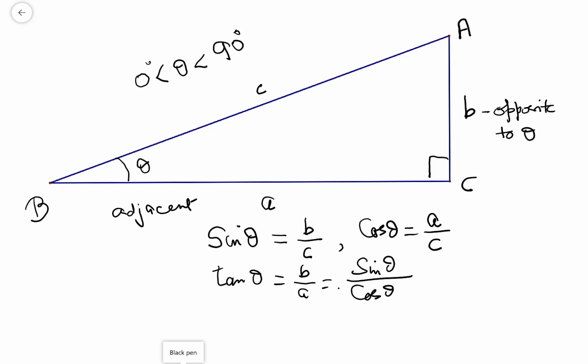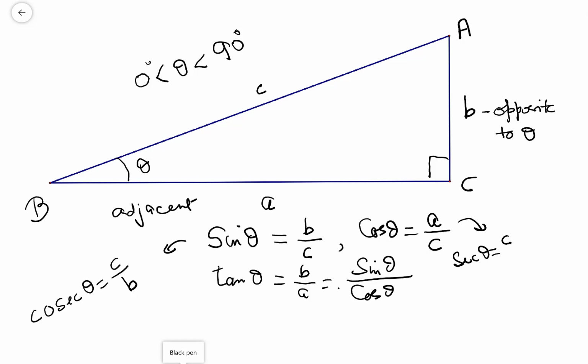Likewise, we shall define the reciprocal of sine as cosecant. So cosecant is the reciprocal of the sine, so it will become C divided by B. And then we define the reciprocal of cosine as secant of theta.